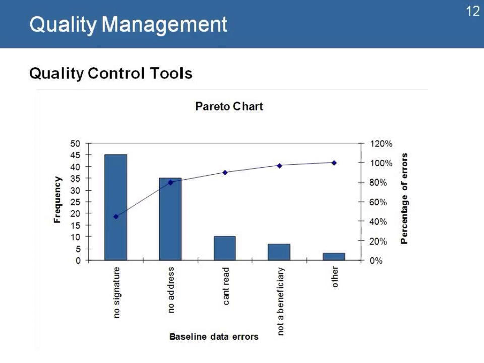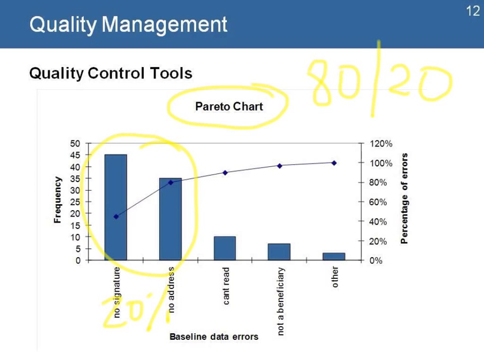Another tool is called the Pareto chart, which is part of a principle, the Pareto rule, that is practically the 80-20 rule. Some of you may be familiar with it. In our case it says that 80% of our problems come from only 20% of the activities that are wrong.